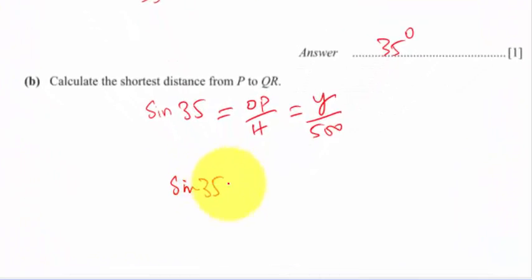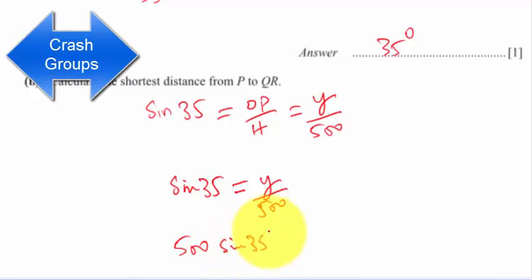Sine 35 equals y over 500. 500 times sine 35 equals y.